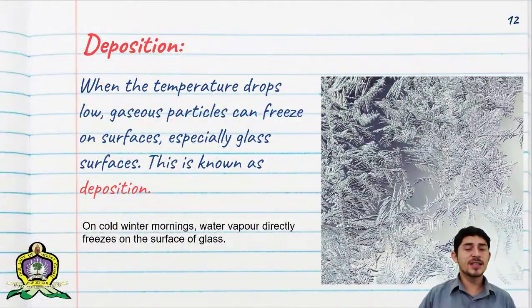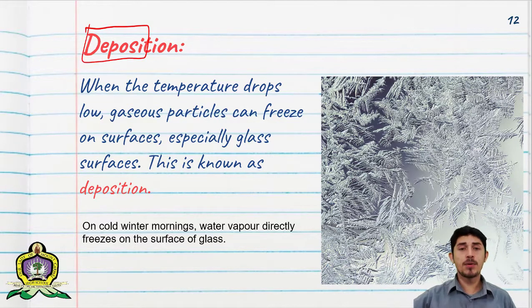Now, there are cases in which a gas can directly form a solid, and this is known as deposition. From the word deposit, that means that the gases deposit directly, but because they lost the energy way too quickly, they formed a solid.